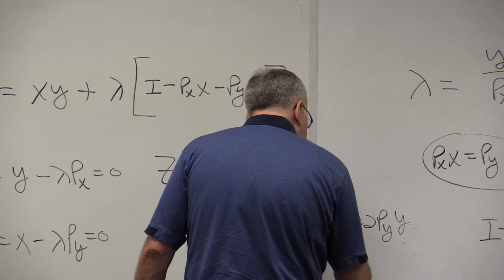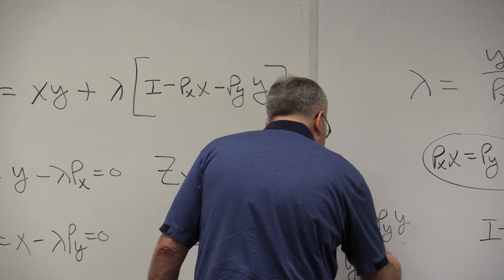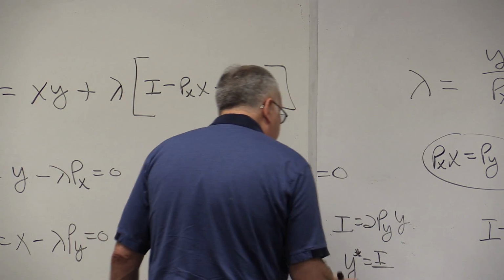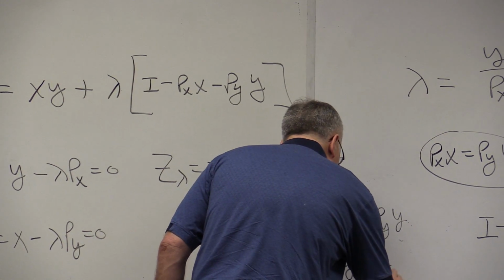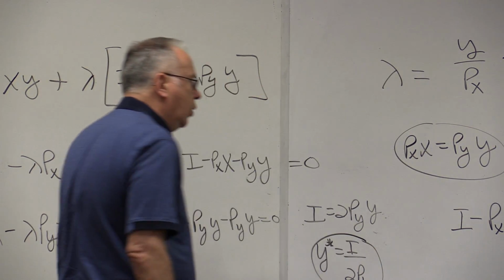And dividing both sides by 2py, you get y star equals I divided by 2 times the price of good y. That's the demand function for good y.